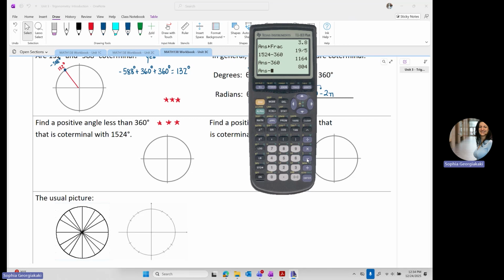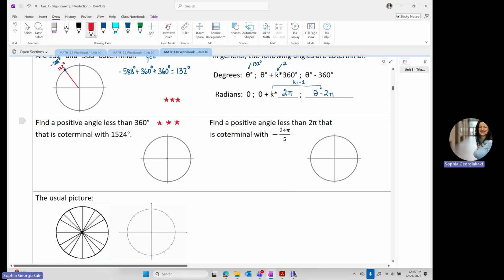But within 0 and 360. Minus 360 again. Minus 360 again. And the answer is 84 degrees. So as soon as I hit an angle from 0 to 360, that was 84 degrees. It is coterminal with 1524 degrees.